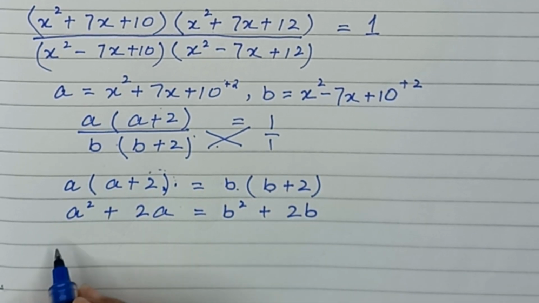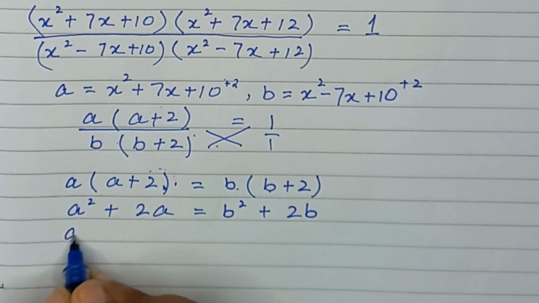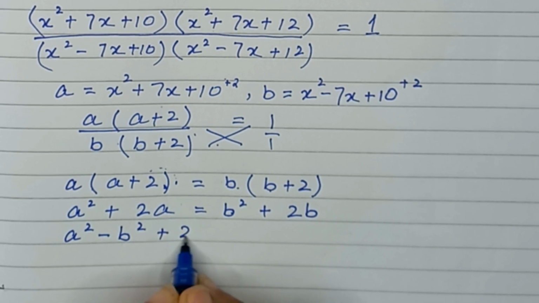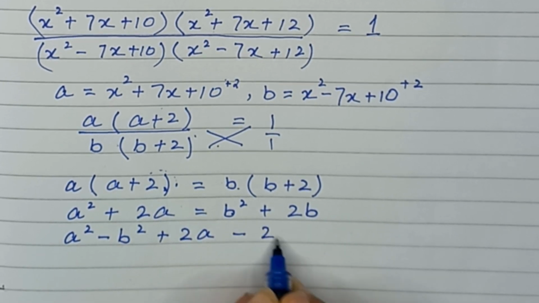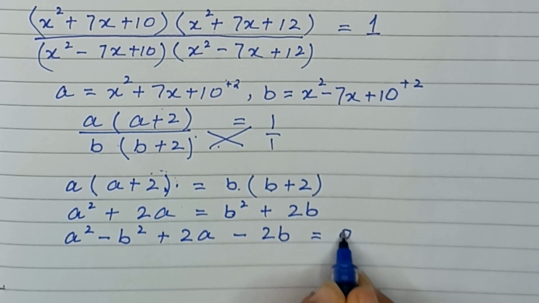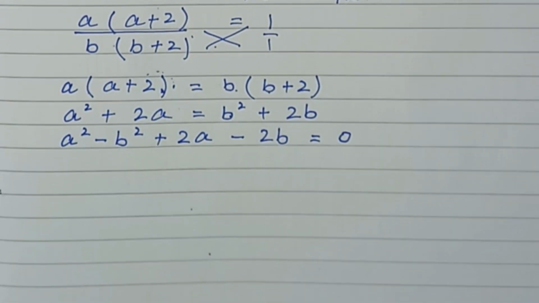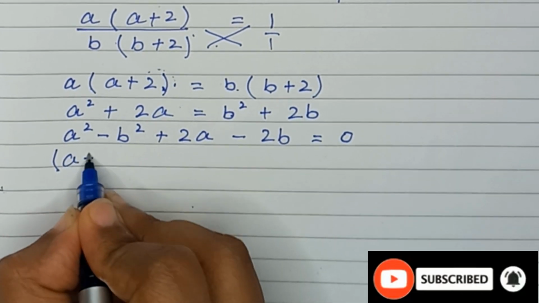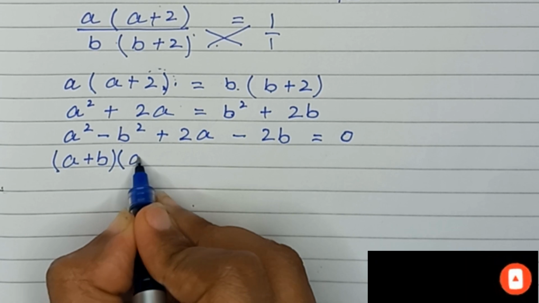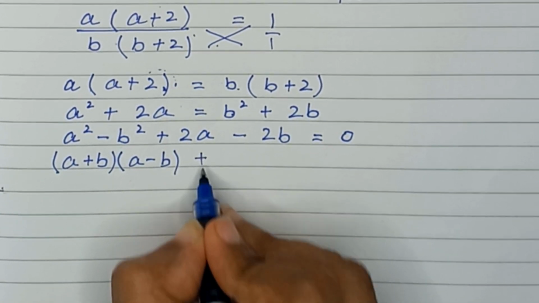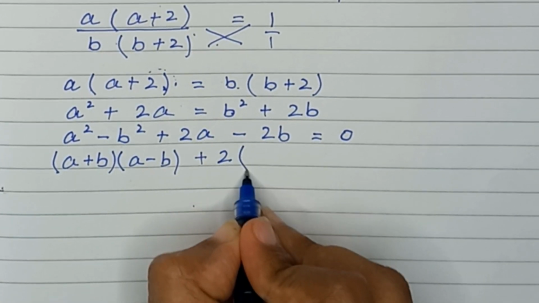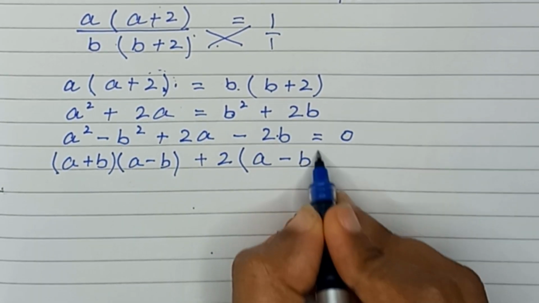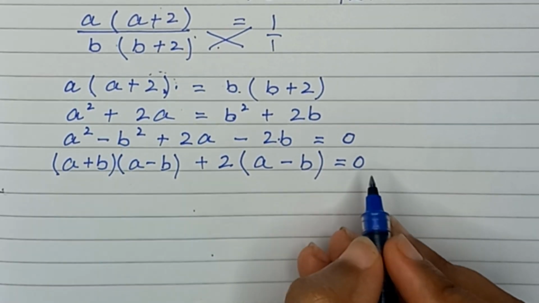So we can write it as a square minus b square plus 2a minus 2b equal to 0. As we know that a square minus b square is the same as (a plus b)(a minus b), and from these two terms 2 is common, so this gives 2 times (a minus b), which is equal to 0.